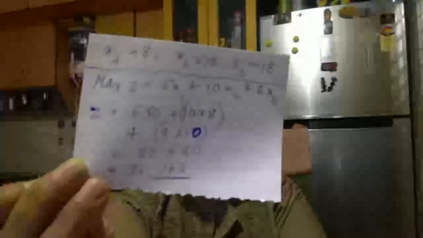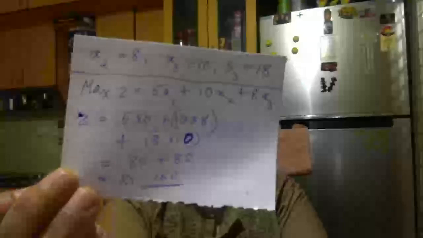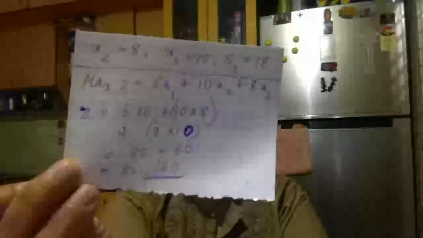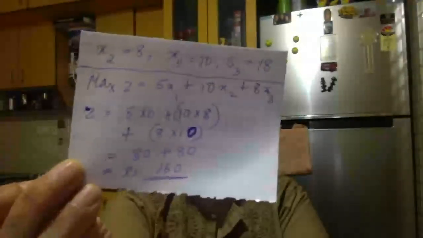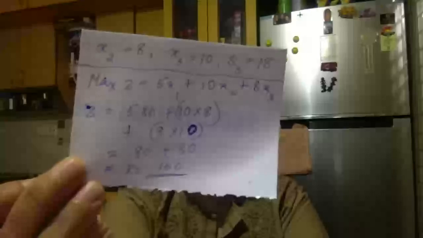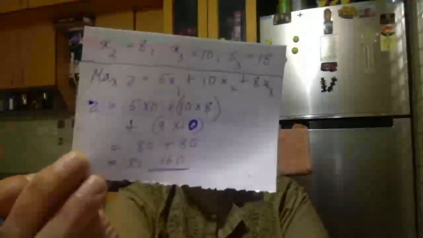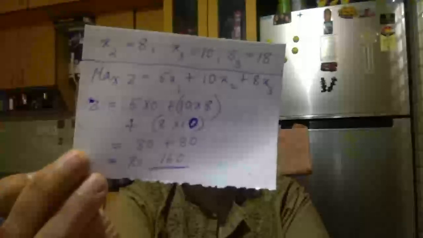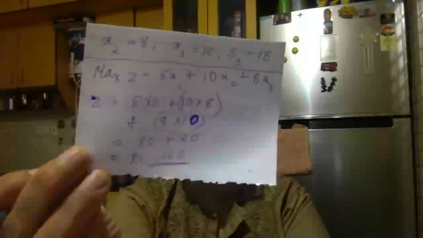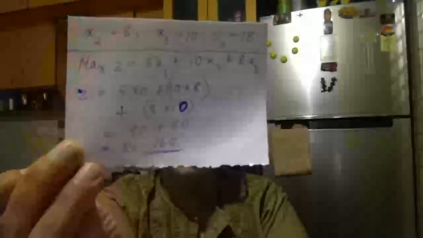Your value is equal to, if it is in rupees, we'll assume it is in rupees. This is your answer. Suppose x1 was shoes, x2 was chappals, and x3 was sandals. Then your answer would be, don't make any shoes, make 8 chappals and 10 sandals.